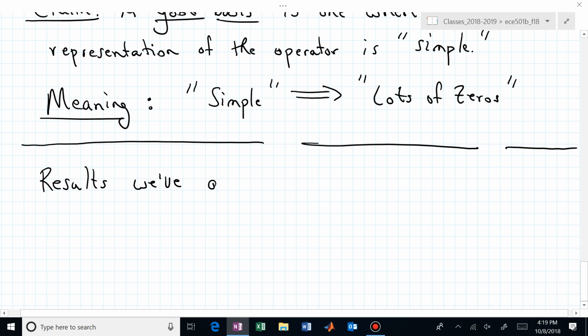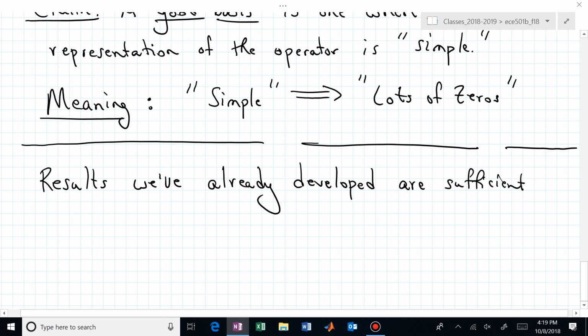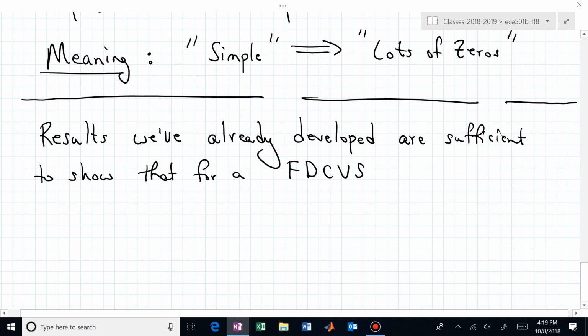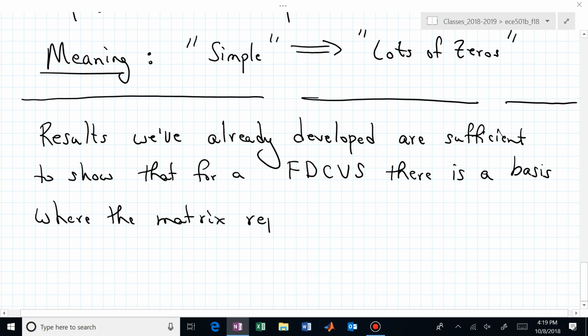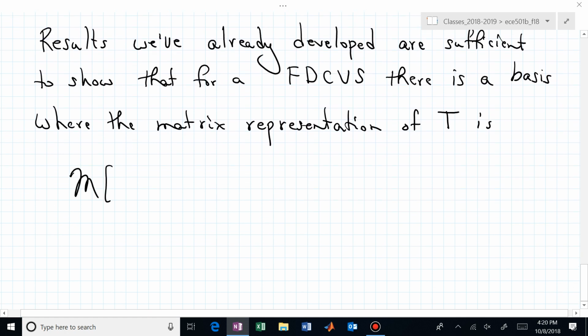The results we've already developed are sufficient to show that for a finite dimensional complex vector space, there is a basis where the matrix representation of the linear operator T is as follows.